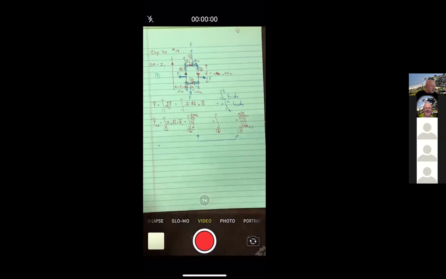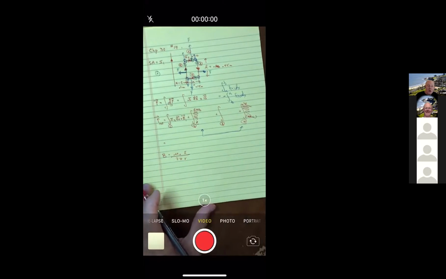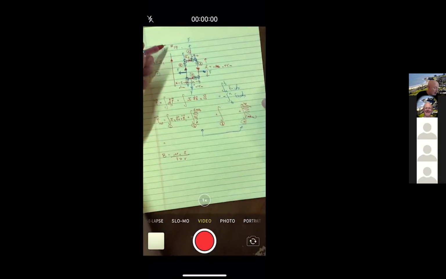So let me use this as an opportunity to then say that we've learned, and it's worth committing to memory, and I can go back and kind of show you if you want. Your author does it with Biot-Savart, and then he does it again with Ampere's law. What is the magnetic field from this long wire?